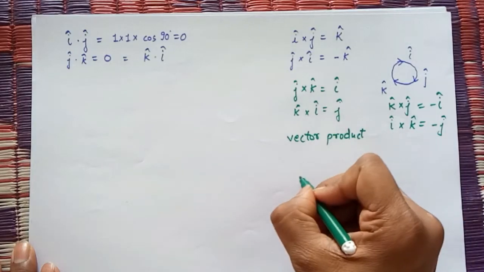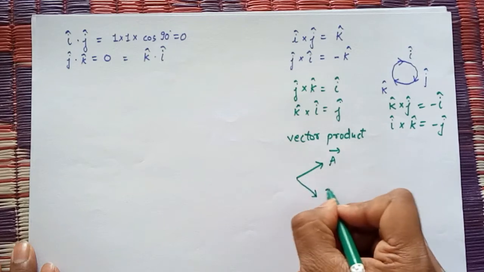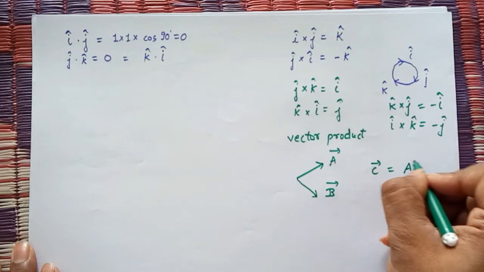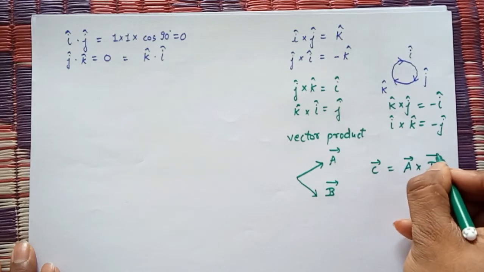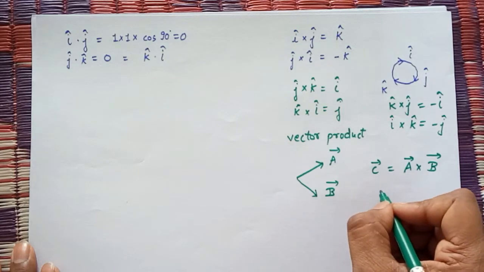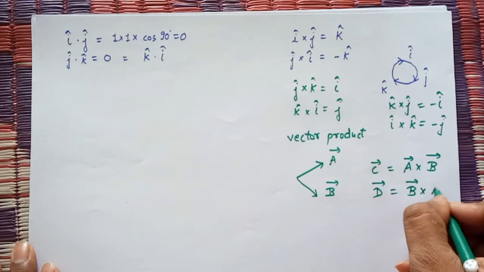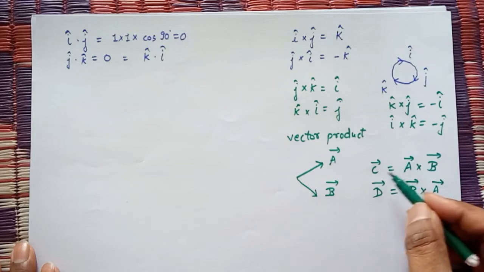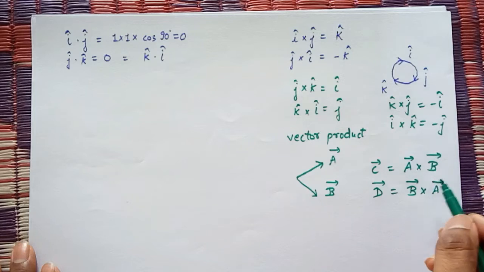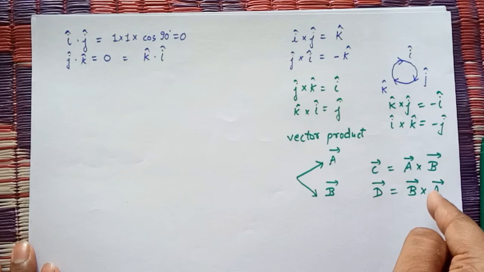So if this one is A vector and this one is B vector, and I have to draw a vector C such that it is A cross B, then how to find the direction of C vector, and I also want to find the direction of D vector, which is B cross A. We know that C and D will be exactly in the opposite direction because A cross B is just opposite of B cross A.